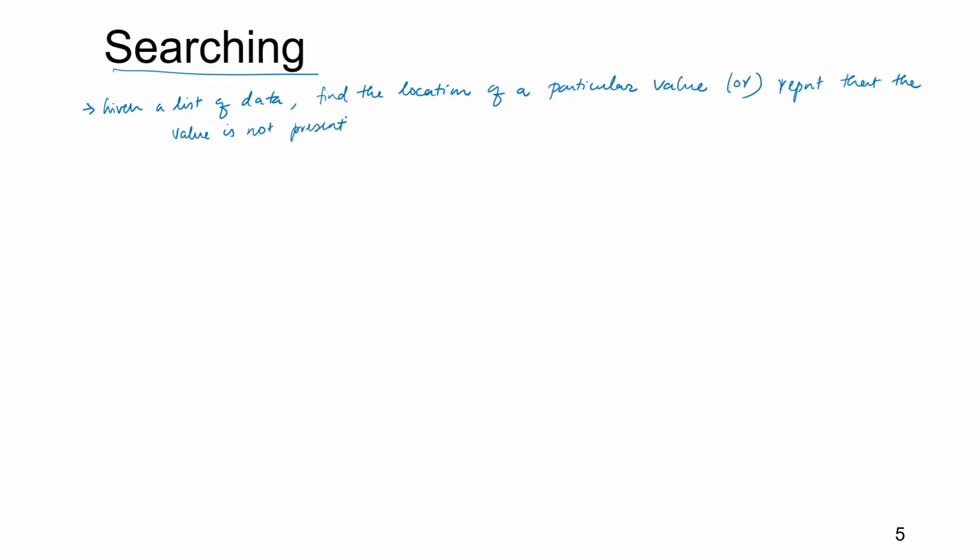So, the critical thing is either you find the location of the particular value, or you report that the value is not present in the list.